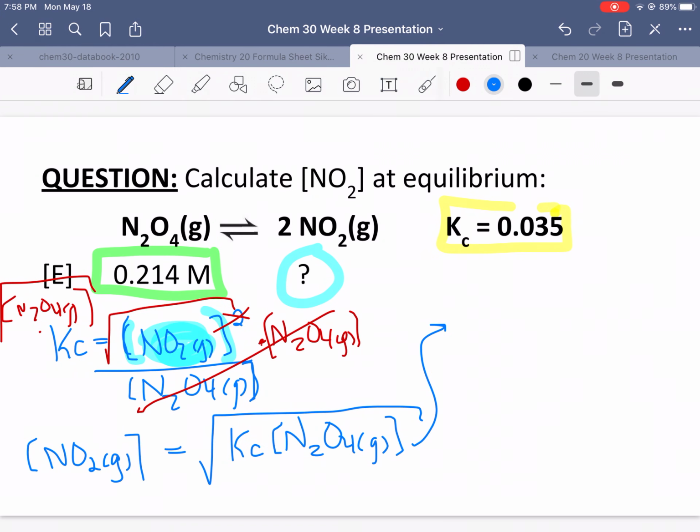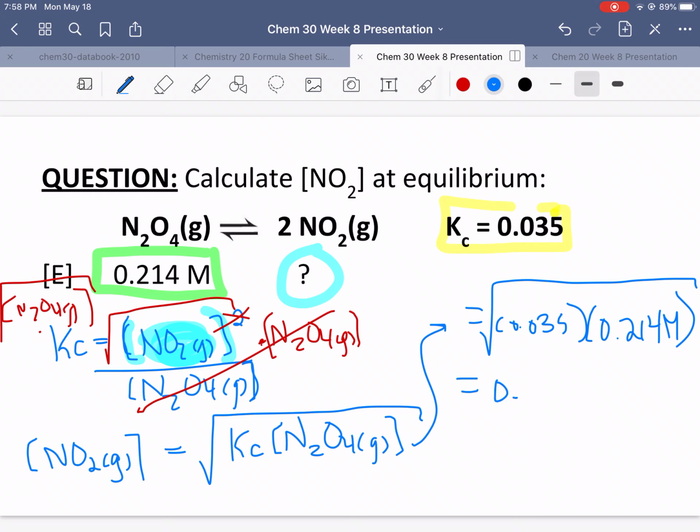Okay, plug in what you know. We have all under the square root, my equilibrium constant, 0.035, no units, times the concentration of the N2O4, which is 0.214 moles per liter, is given to you in the question. Number crunch away, you get 0.086544, keeps on going, moles per liter. Look back, we need 2 sig digs because of that equilibrium constant.